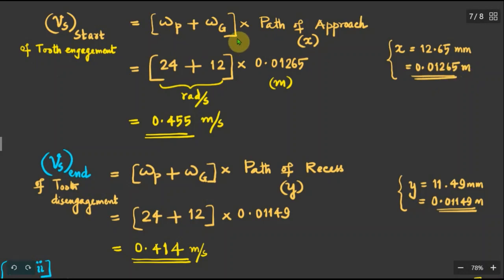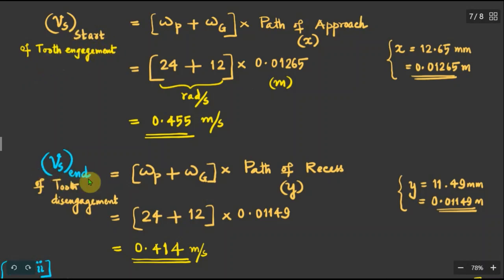So that is 24 plus 12 into 0.01265. Make sure that you substitute in meters if you want the velocity of sliding in meter per second. So 36 into 0.01265, you will get 0.455 meter per second. This is the velocity of sliding at the beginning of tooth engagement, Vs start.